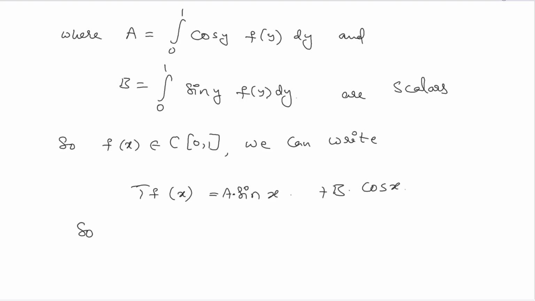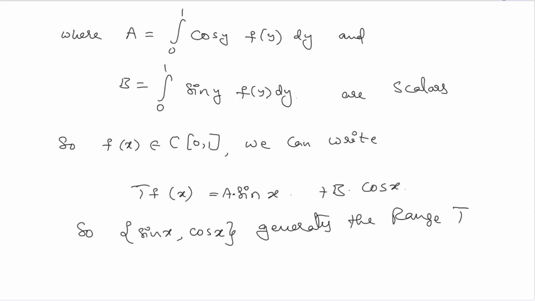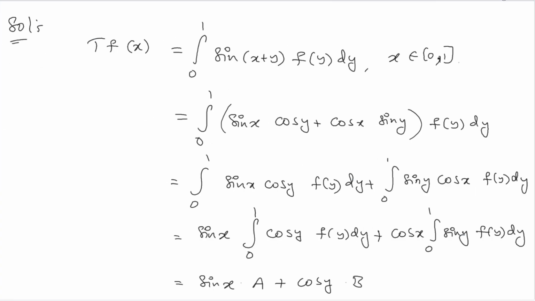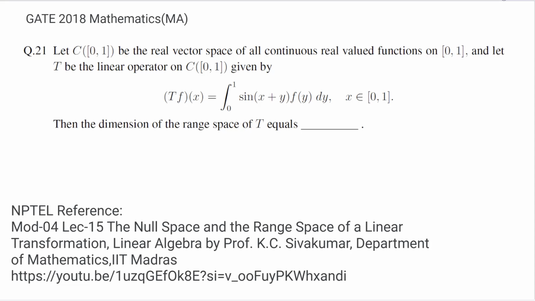So we can see sin x, cos x generates the range of T. Therefore, we can see these two vectors, sin x and cos x, are linearly independent. So the dimension of the range space of T is equal to 2. Hence the answer is 2.